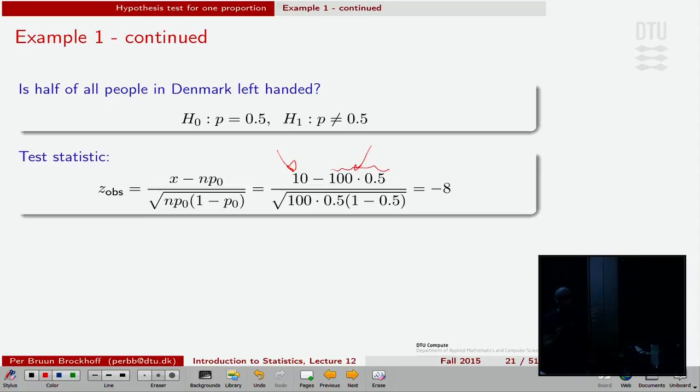There should be 50 if the hypothesis were exactly true. And then I compare by the binomial standard deviation using the 0.5, the p0 here. And I get an observed test statistic, I call it Z because I want to use the standard normal distribution, of -8 in this case.